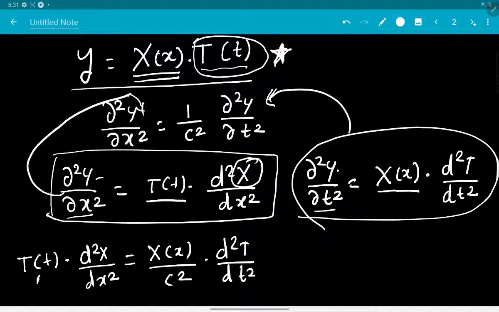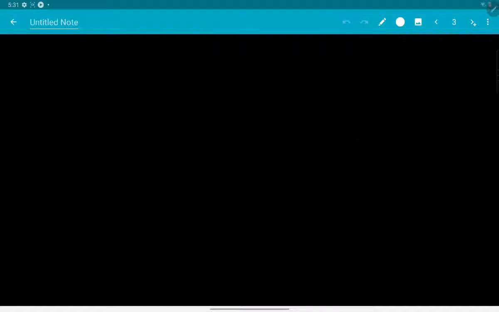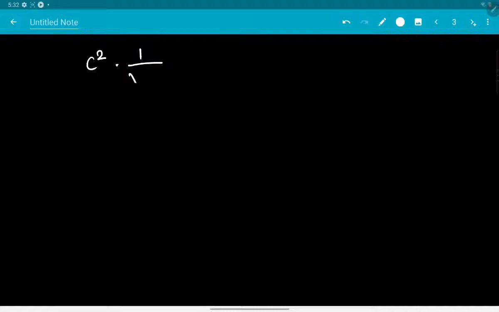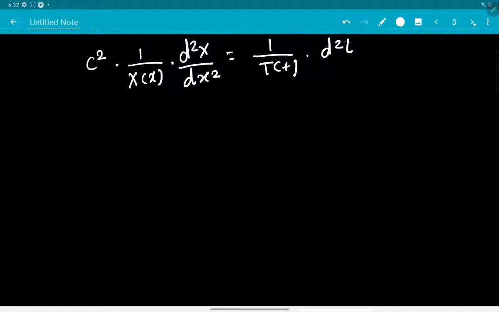I'll bring this T of t to this side, and this X I'll bring to the other side. I'll also be pulling this c square over here. So I'll get something like this: c square into 1 over X of x into d square X by d small x square is equal to 1 over T of t into d square capital T divided by d small t square.